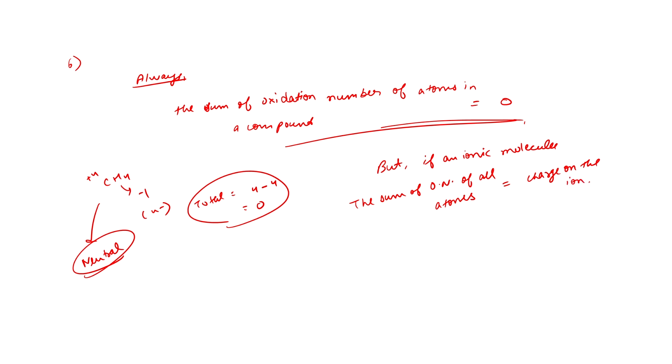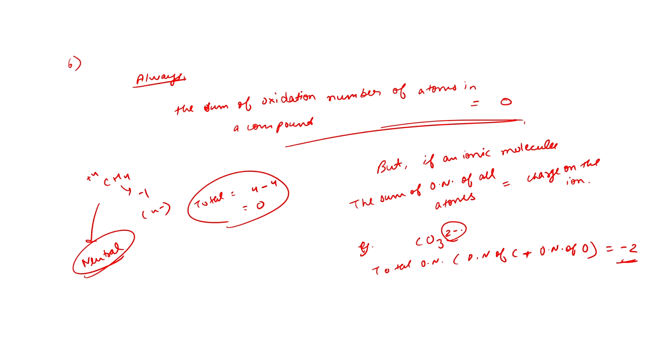Okay. For example, carbonate. In carbonate, the total oxidation number, that means the oxidation number of carbon plus the oxidation number of oxygen, should be equal to -2, because the charge is -2.